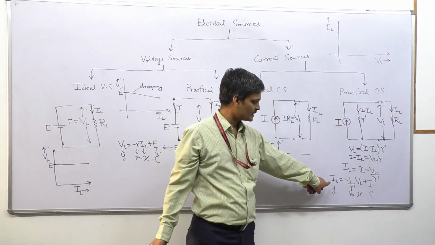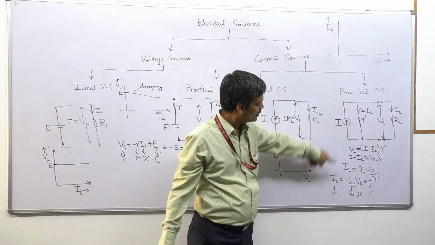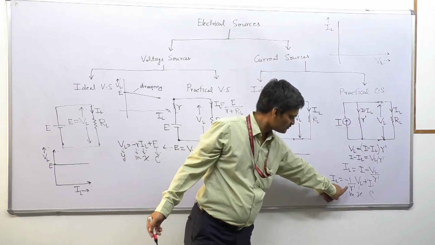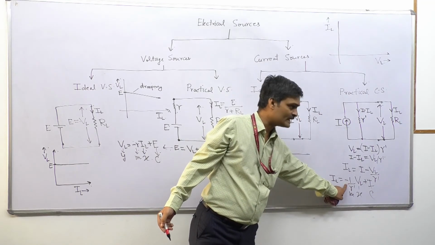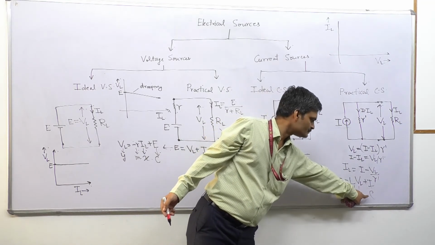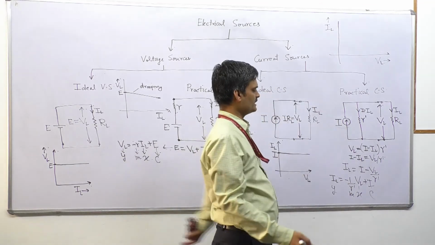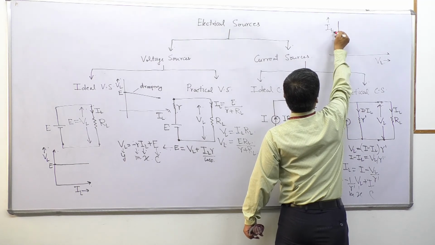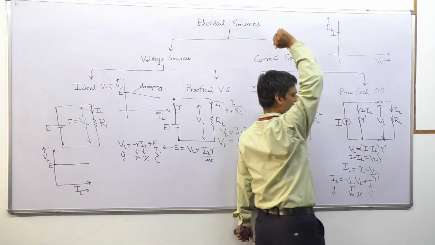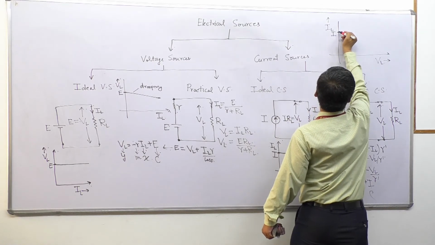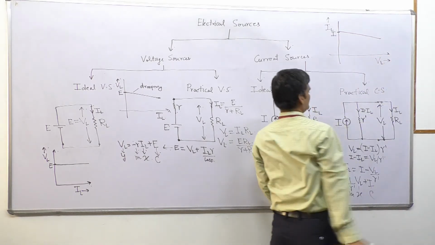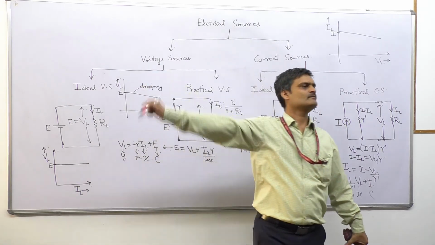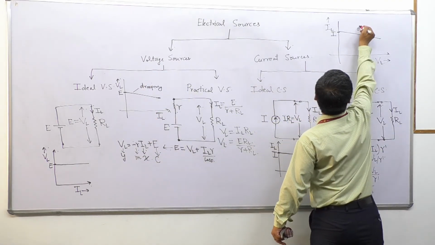We can see from this equation, when we plot IL, the shape of the straight line formed will be with a negative slope, minus 1 by R dash, and with a positive y-intercept at I. The y-intercept is at I and with a negative slope. So again this practical current source has the same kind of drooping characteristics as the practical voltage source.